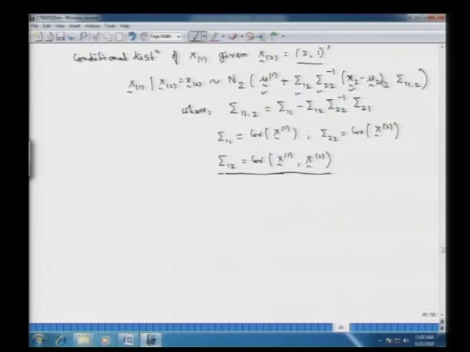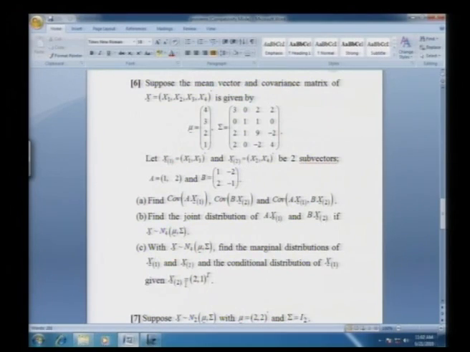It is better to use a similar notation, so that mu1 is the mean subvector corresponding to the first element, and mu2 is the mean subvector corresponding to the x2 subvector. So we know all these quantities, and sigma 1 1 dot 2 can be computed from here, because sigma 1 1, sigma 1 2, sigma 2 2 inverse, and sigma 2 1 are known to us. So that completes this particular problem of finding the conditional distribution of x1 given x2 equal to this 2 1.